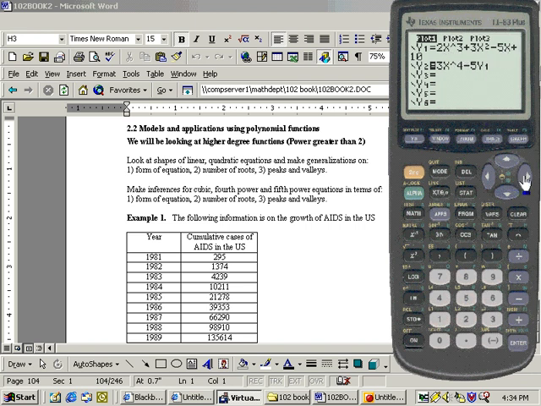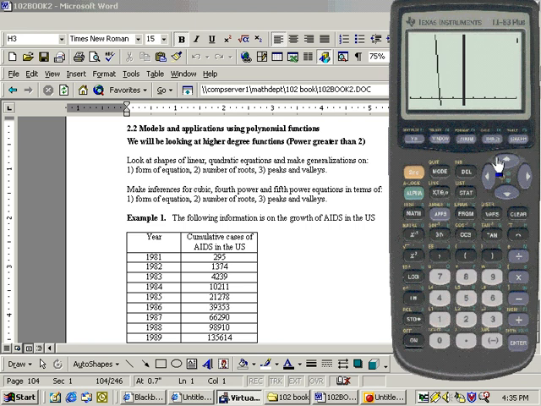The way I got the y1 here is I just did vars, y-vars, function, choice number 1, instead of me typing all this in. So really this equation is 3x to the fourth minus 5 times the quantity, everything up here. It gives you a messy fourth power equation. But we're just looking for some fourth power equation to show you with the max min.